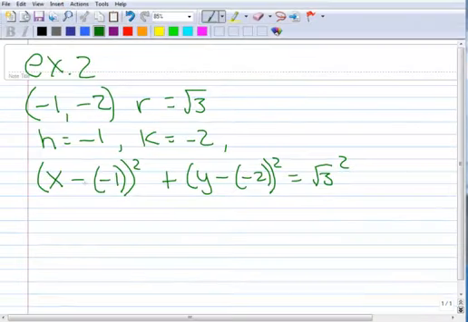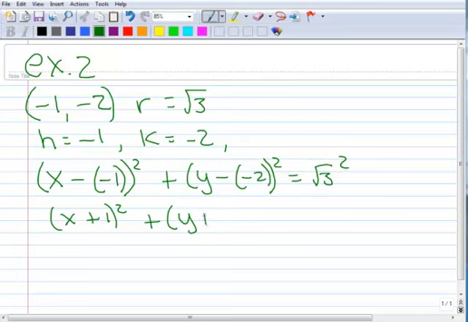Okay, so now let's deal with these negatives. Negative minus a negative is a positive. So inside the parentheses, this becomes x plus 1. And then inside these parentheses, this becomes y plus 2.